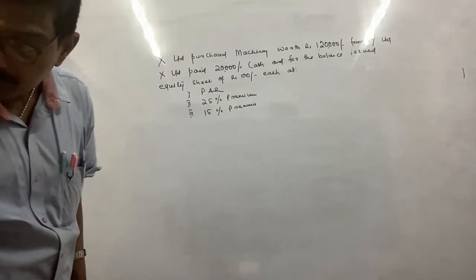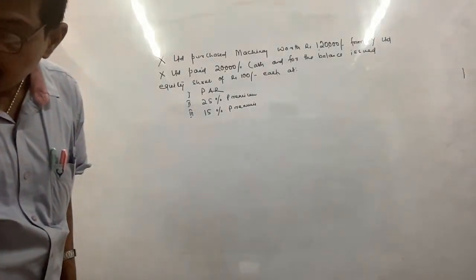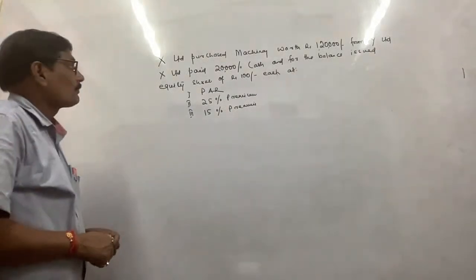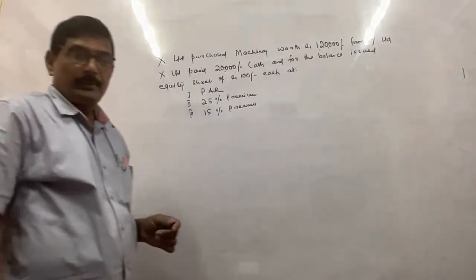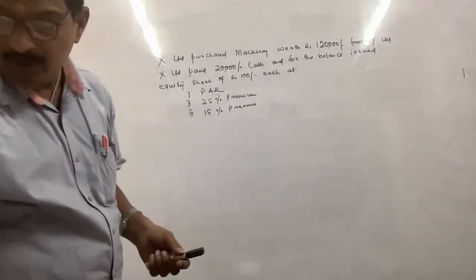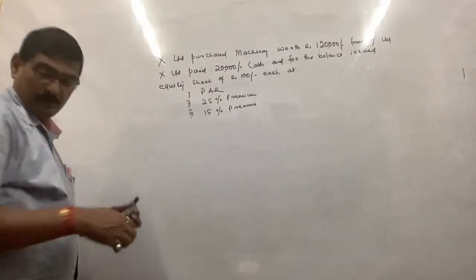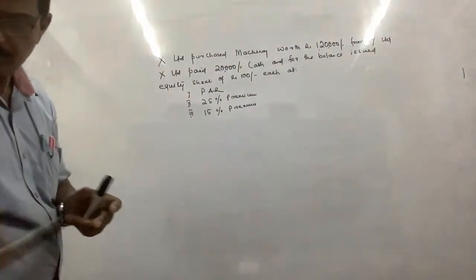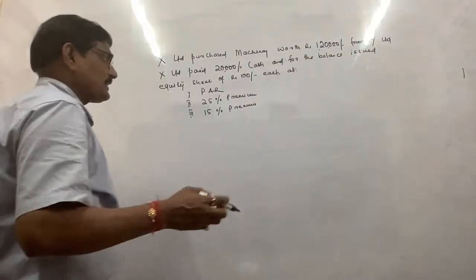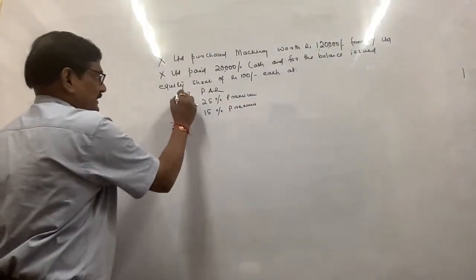Right. So the entry will be, for purchase of assets, the entry will be for the first case.